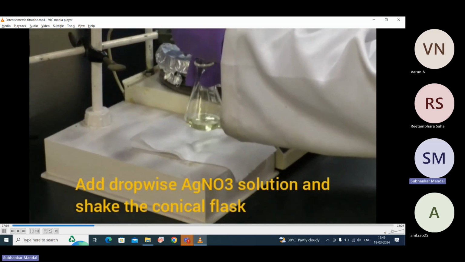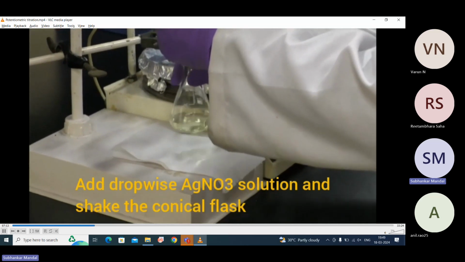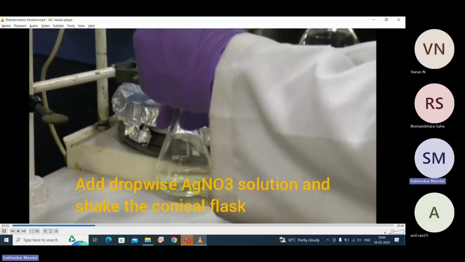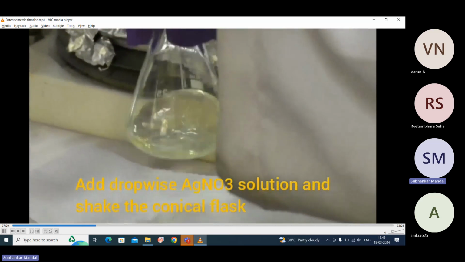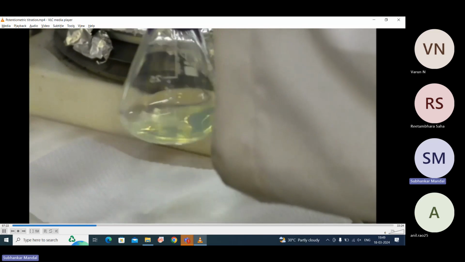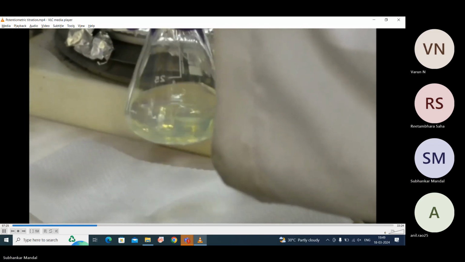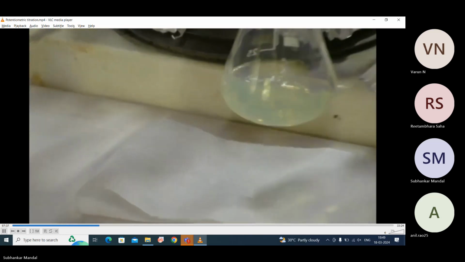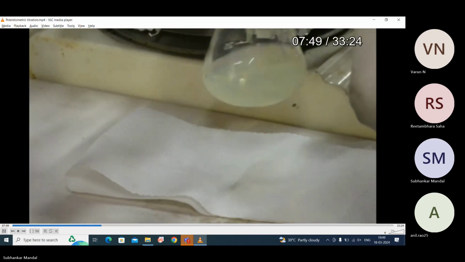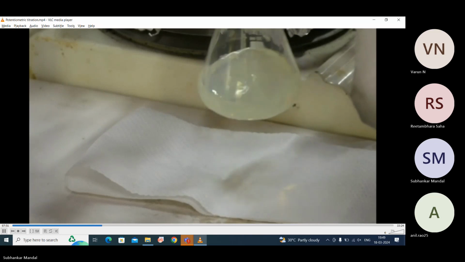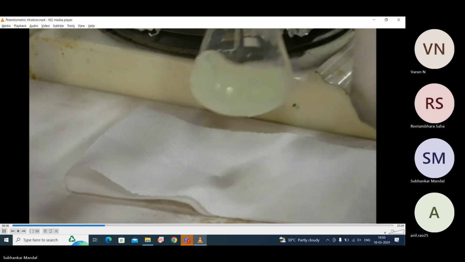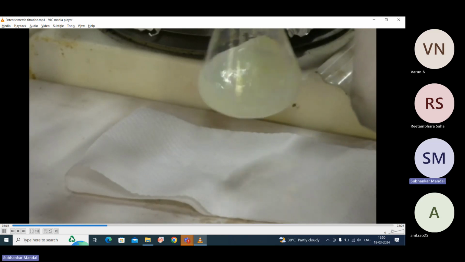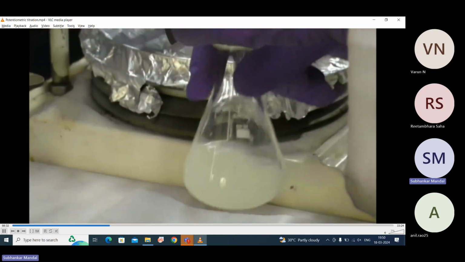I think you all know how to do the titration, as you have done it in UG or during MSc in the physical chemistry lab. It will be a milky white kind of solution.